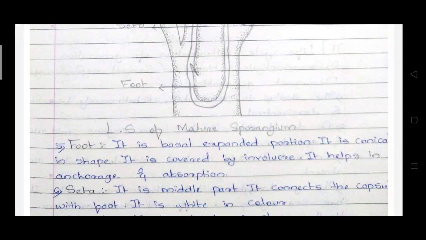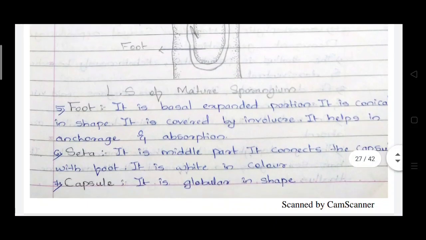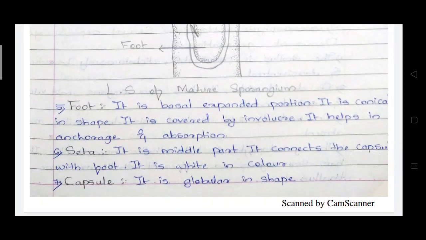So this is the basal expanded portion covered by involucres, and its function is absorption and anchorage. The middle part is the seta. The seta connects the capsule with the foot, and it is white in color.